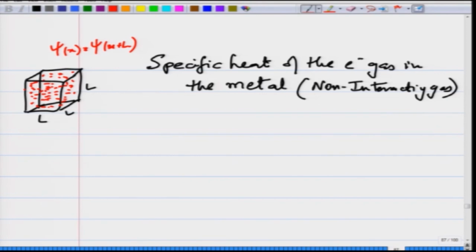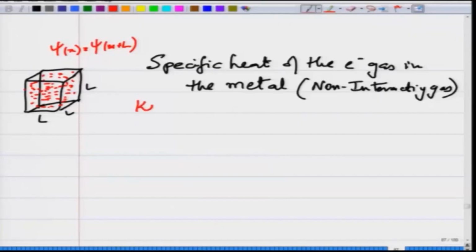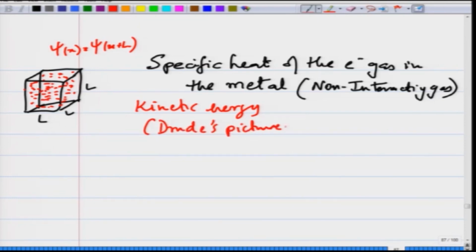Now, if you consider the electron gas as a classical gas, then it has only kinetic energy. From Drude's model of these classical gases with the Maxwell-Boltzmann distribution, the energy in a 3-dimensional solid is 3/2 kT times n, where n is the total number of electrons.